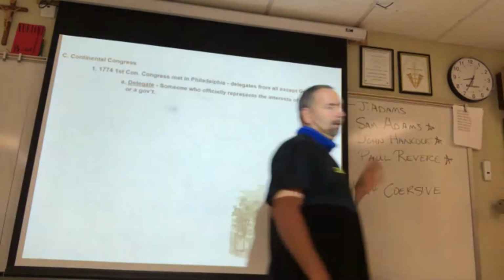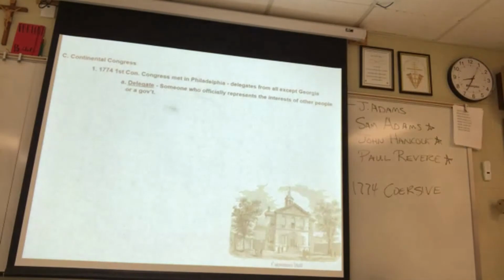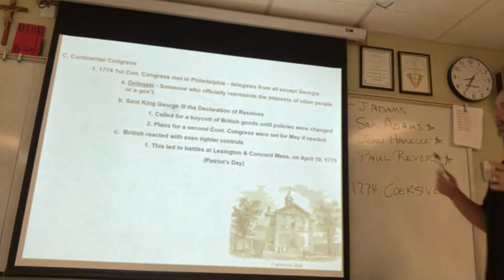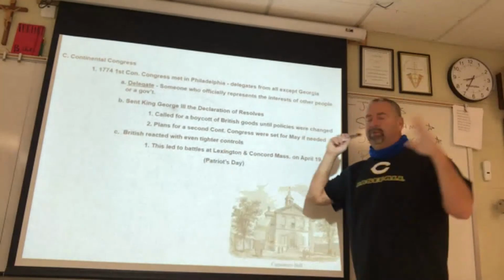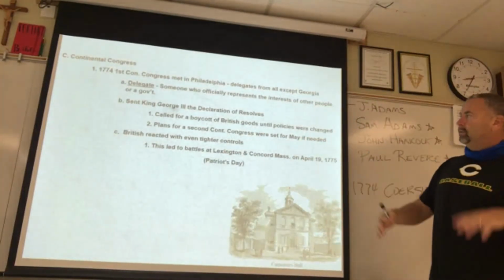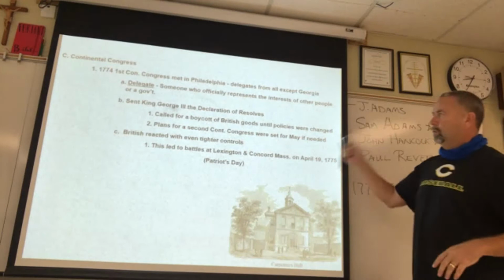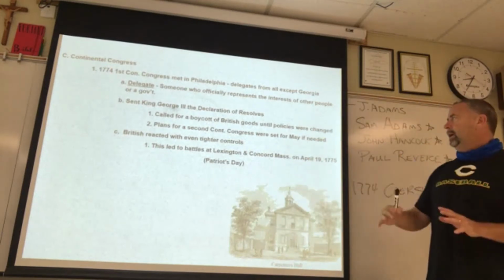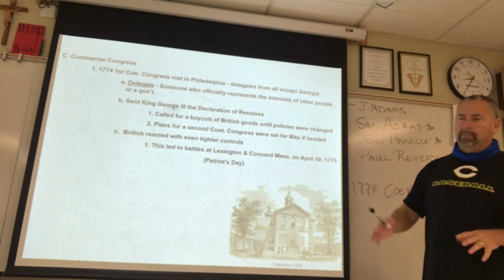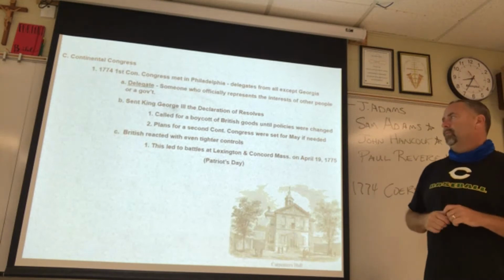Not much gets done here. They do send King George III the Declaration of Resolves. The colonists got together and said, let's boycott British goods until the policies are changed. And they say, okay, we'll do this again next May if necessary.